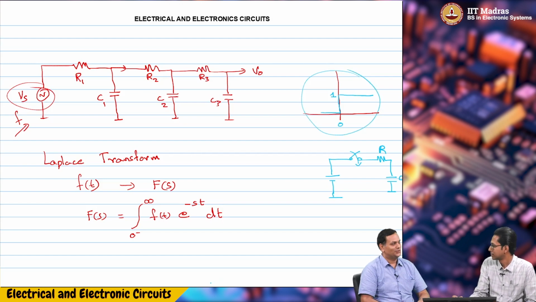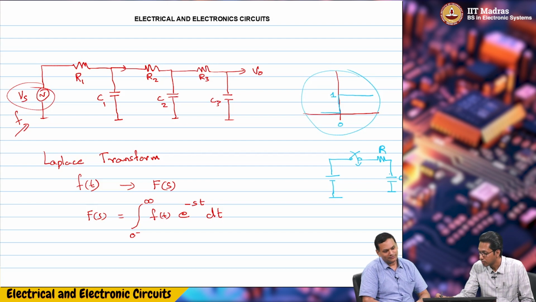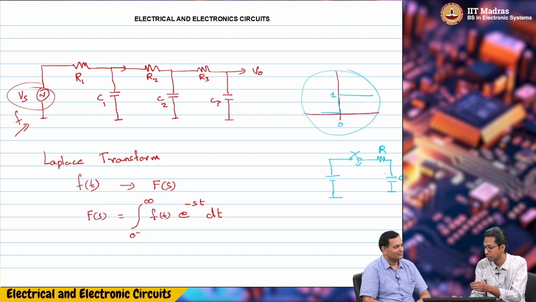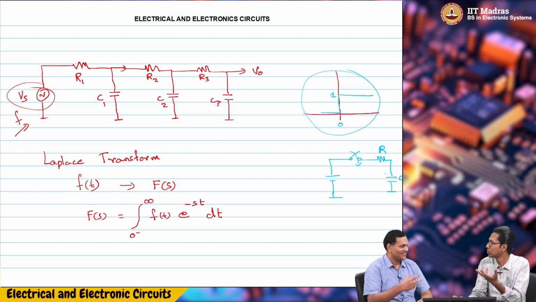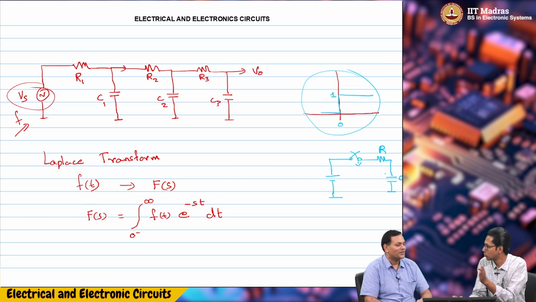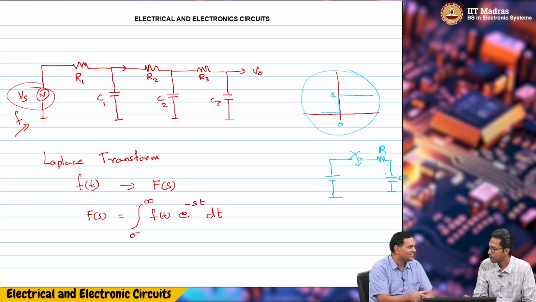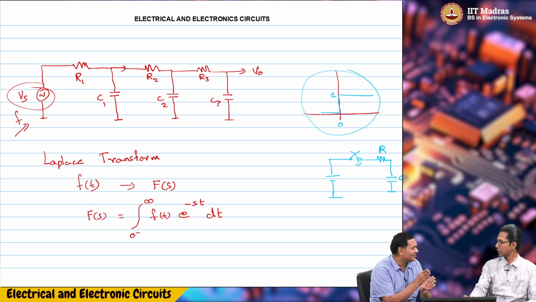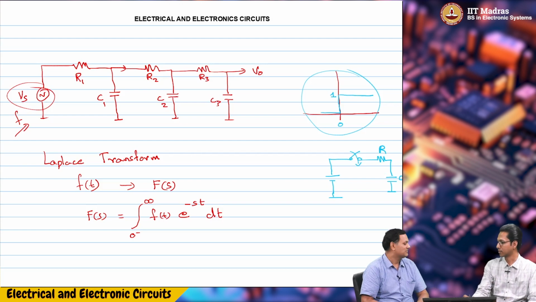So at 0 minus, let's say this capacitor had some charge stored in it. I want to somehow represent that. So in those conditions, this becomes more useful: what was there just before your action and what was there just after. Understood. So when the signal changes suddenly, you don't want to define the integral starting point at that point. You want to do it slightly to the left of it. Correct.